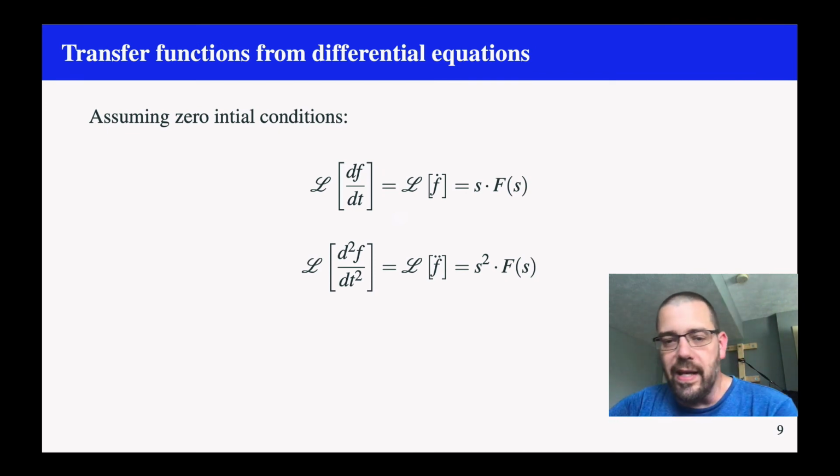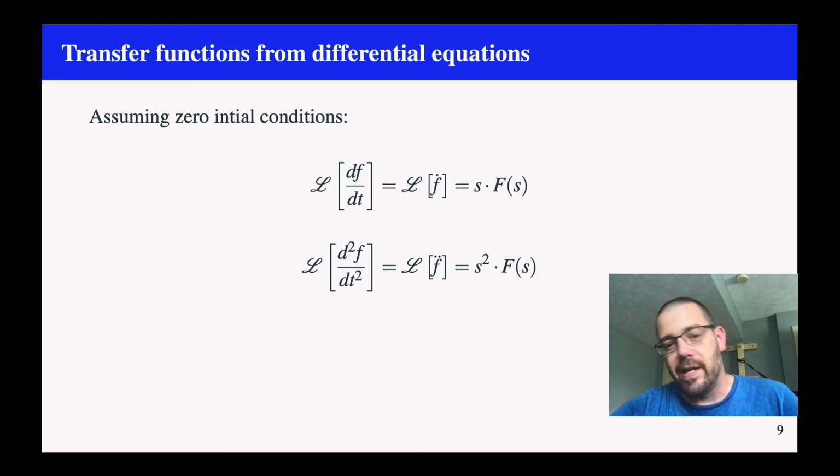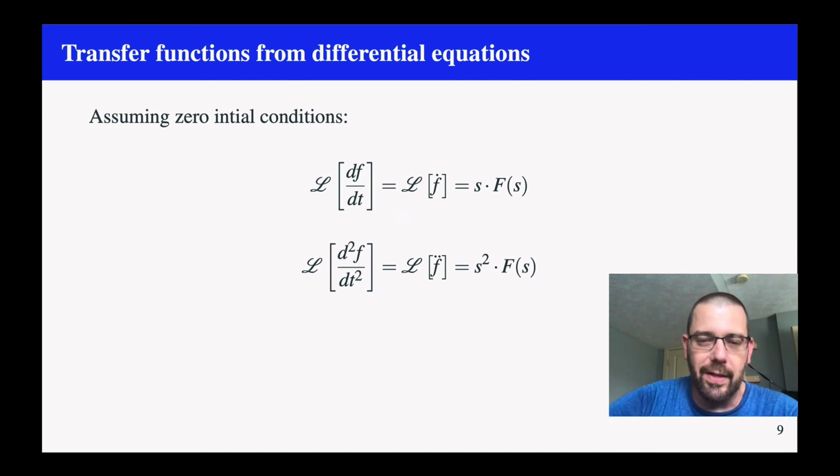So the core idea, and we'll go in coming lectures into a decent amount of detail on proving why Laplace works and how Laplace works, and everybody loves a good engineering derivation, so I can prove to you that I know what I'm talking about. Good times for everybody. But for now, the main thing I need you to know is, again, assuming zero initial conditions, we'll talk about that particular detail later as well.